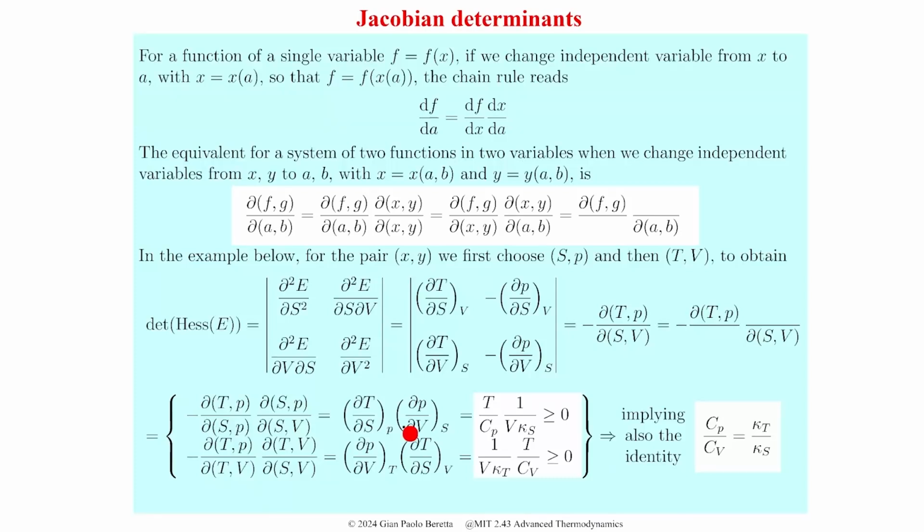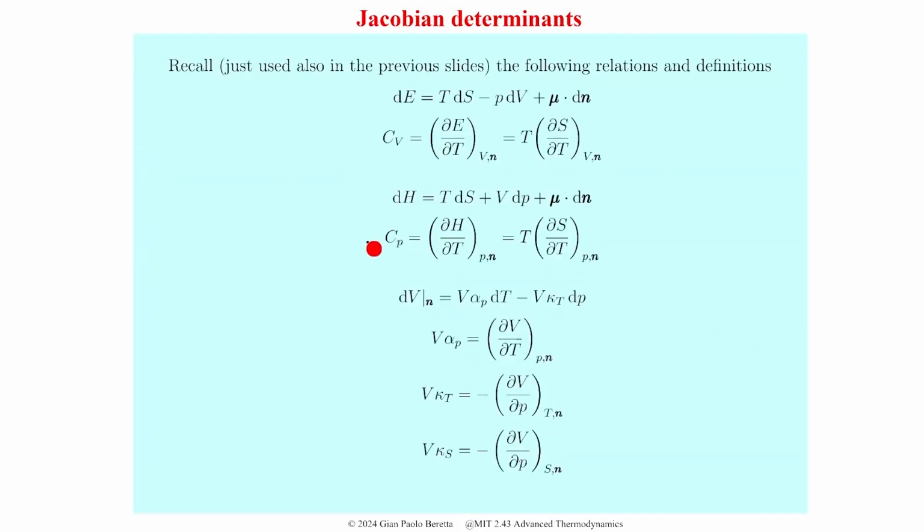Then if you look up, let me remind you here. We defined the heat capacity at constant pressure a few days ago, and that was defined as the derivative of the enthalpy with respect to temperature at constant P. But if you look at the differential for the enthalpy, if you keep P and N constant, dH is equal to TdS.